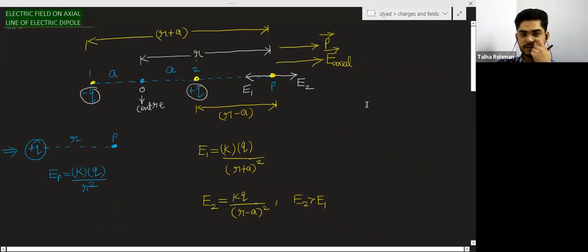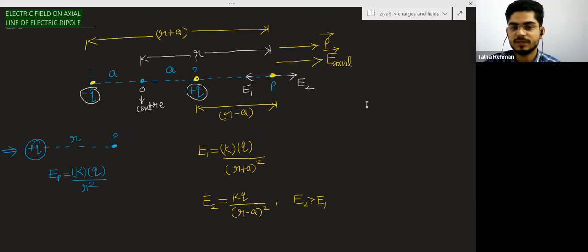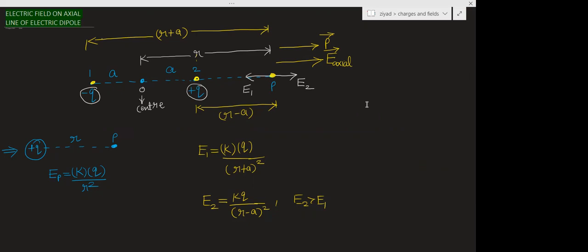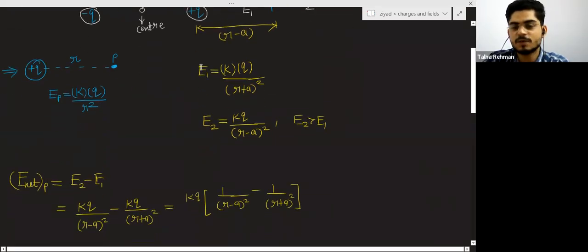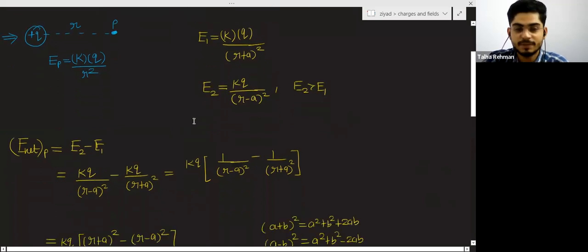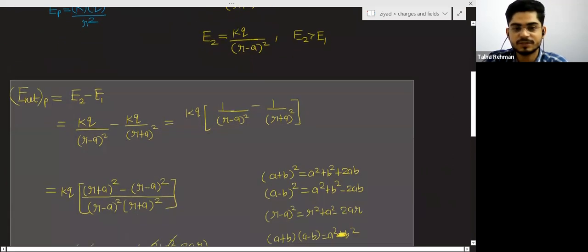Well, when we do the derivation, basically 90% is mathematics and 10% is physics. This formula is from physics, but from here to here, this is just math.